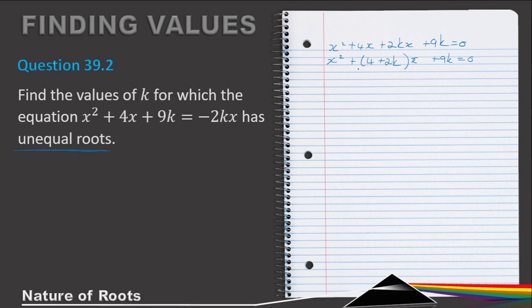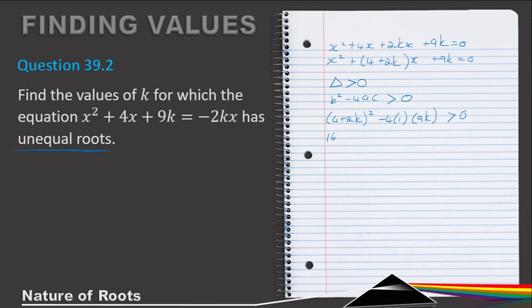When it's unequal roots, it means that your discriminant must be greater than 0. So b squared minus 4ac must be greater than 0. So I substitute in. We have (4 plus 2k) squared minus 4, a is 1, and c is 9k, greater than 0.